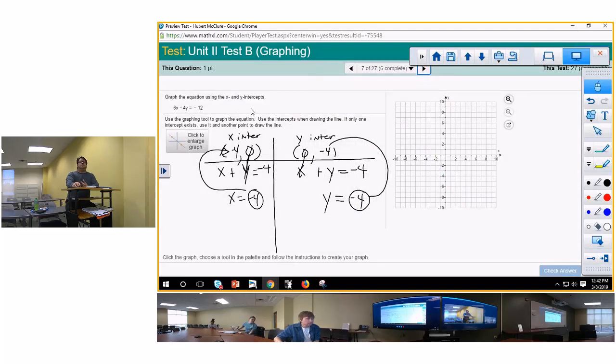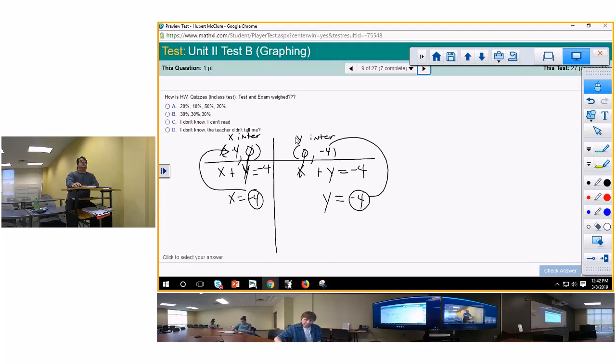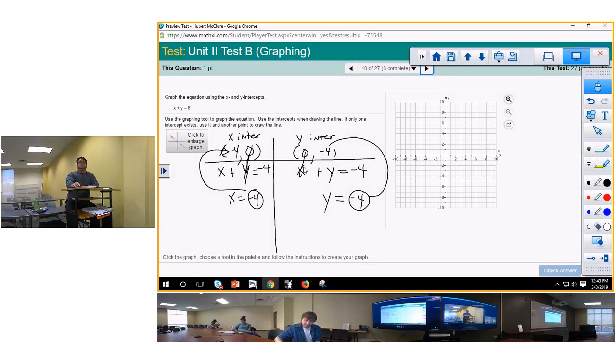Same thing, I'm not going to cover the same thing. So y'all can write that one down: 6x minus 4y is equal to -12. And you can work that one out. Communication, blame it on the Russians. 20, the only one that adds up to 100. That's another intercept.